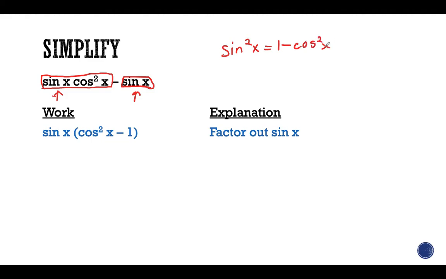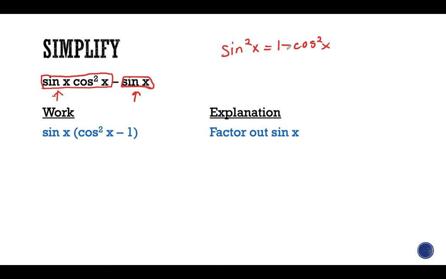Now, that's not exactly what we have in this problem, but again, just illustrating how we can use these identities. I know that 1 minus cosine squared of x is equal to sine squared x. Well, this is the opposite of that. All the algebraic signs are opposite: the cosine squared is positive and the 1 is negative, the opposite of what I have up here.